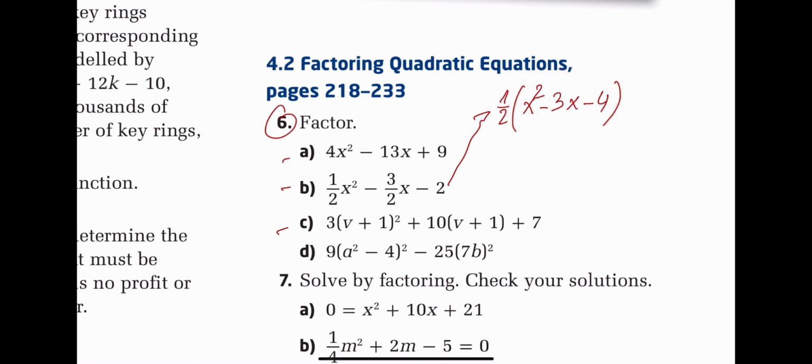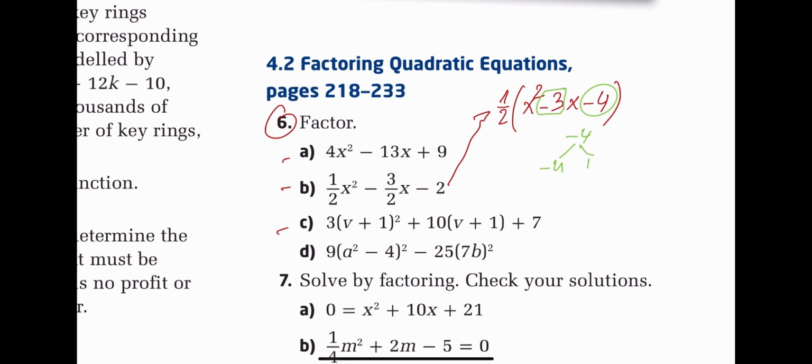So I will do the same thing. I need two numbers that, if you multiply them, you get minus 4, and if you add them, you get minus 3. Those numbers are minus 4 and 1. Minus 4 times 1 is minus 4, and minus 4 plus 1 is minus 3.